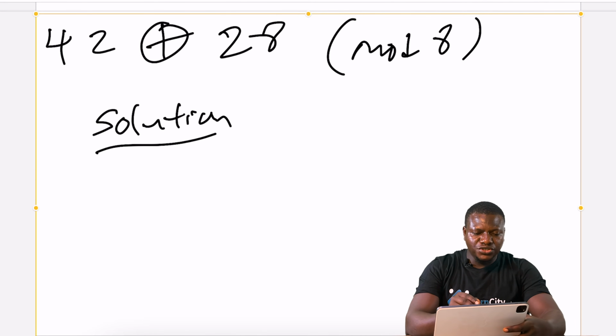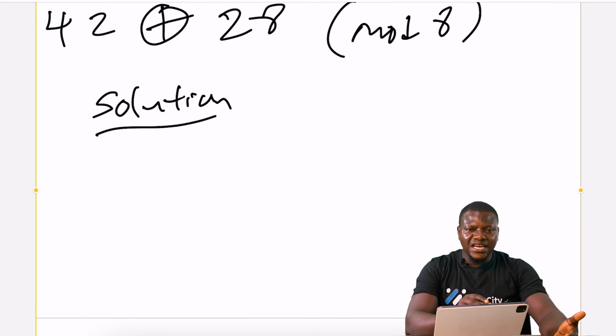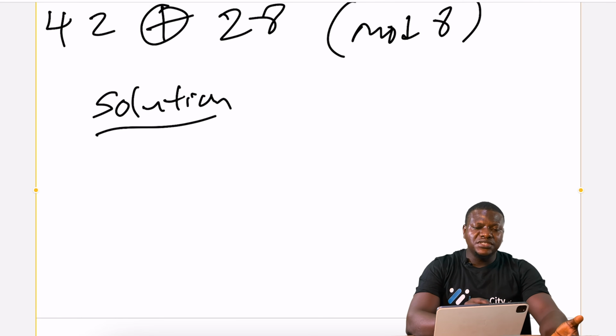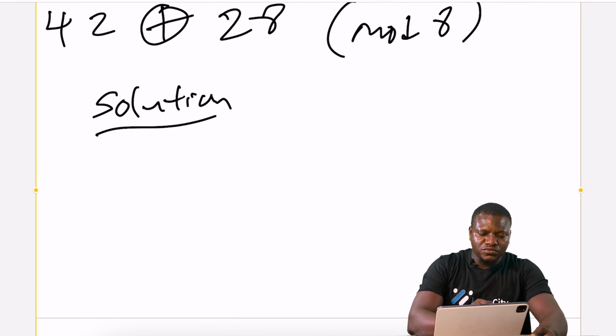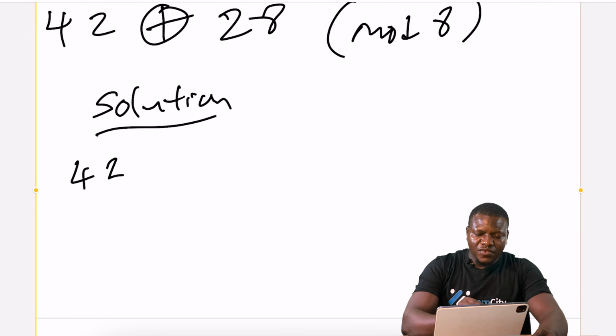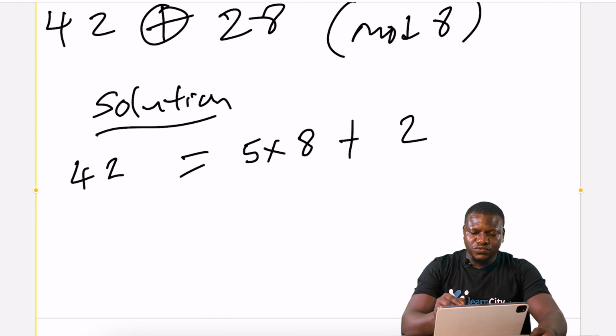For our solution, we can simplify 42 to mod 8 in its simplest form, and also simplify 28 to mod 8. Our 42 is 5 times 8 plus 2.